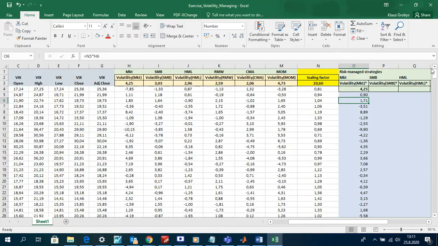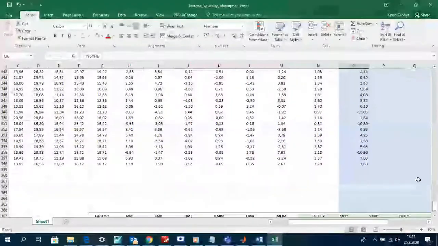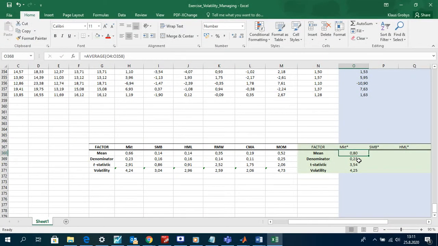If you scroll down now, we see that the risk managed market factor using VIX and this approach produces an average payoff, a mean of 0.8, compared to the unscaled market factor of 0.66. So the risk managed market factor produces a higher average payoff than the unscaled market factor, which is also in line with the earlier paper of Moreira and Muir.